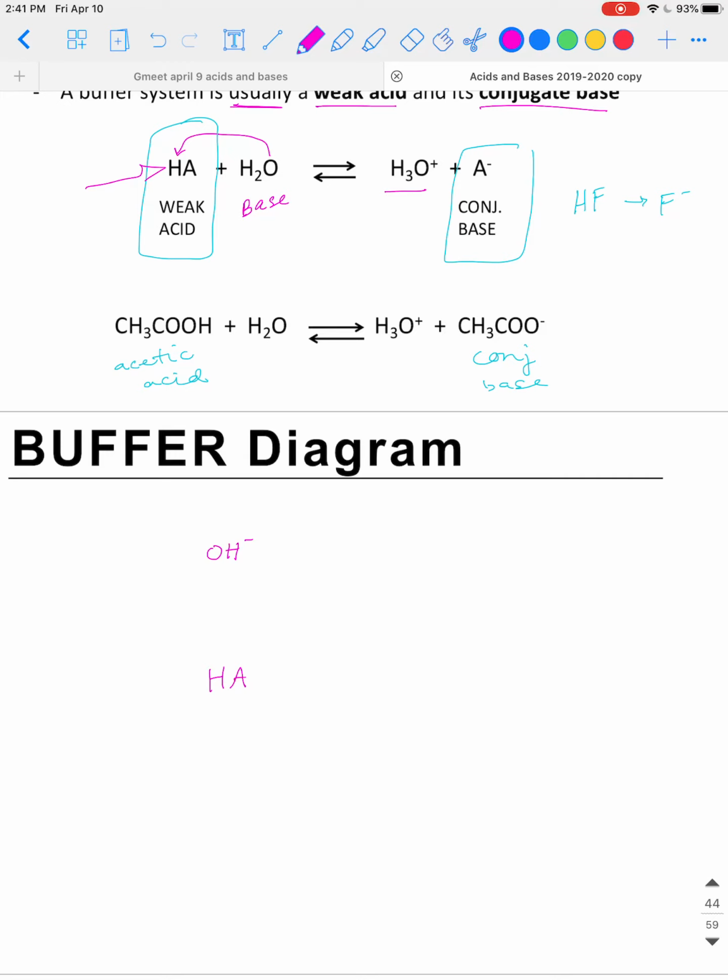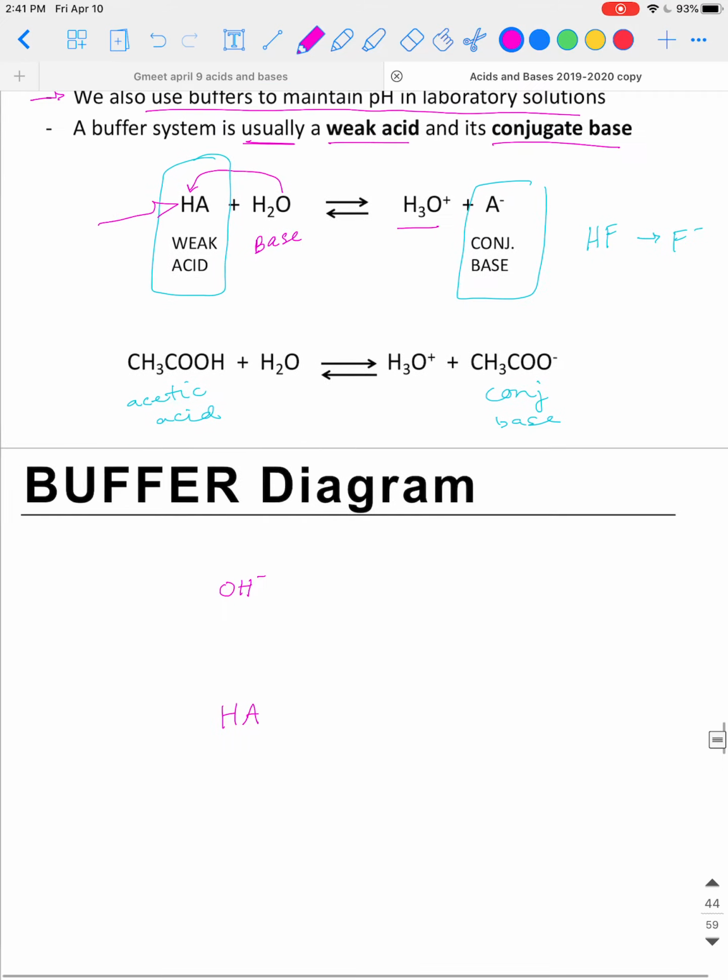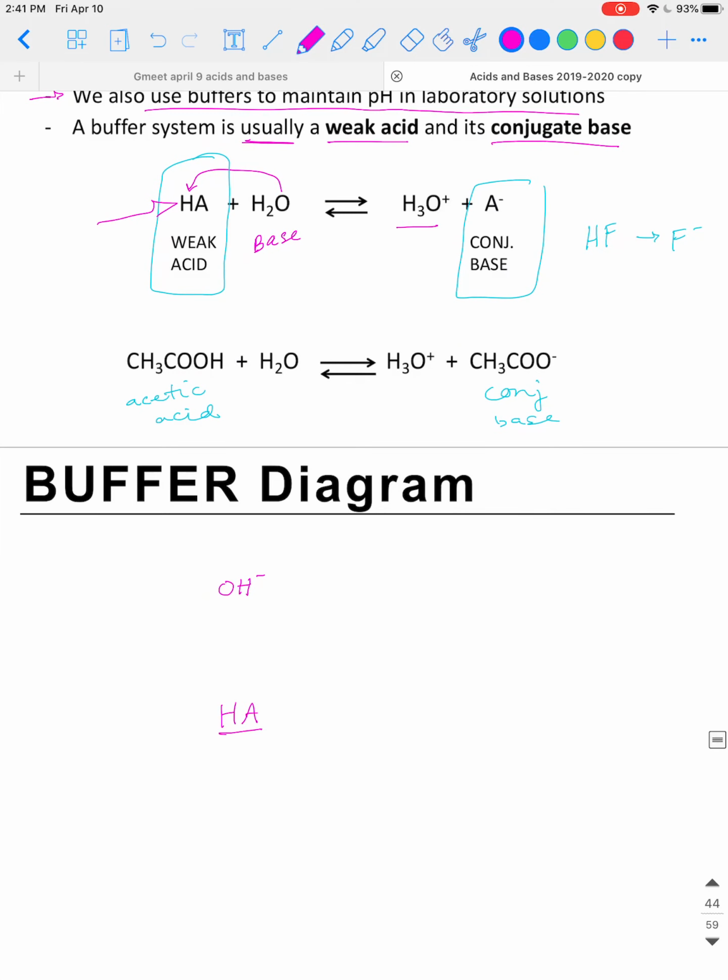What can this buffer system do to react with OH minus and neutralize it so that it does not raise pH? Well, the weak acid right here, HA, has a hydrogen ion that it is willing to donate. So that's what it's going to do.